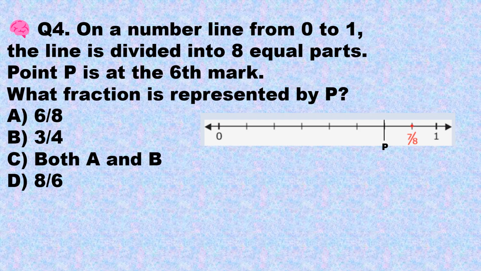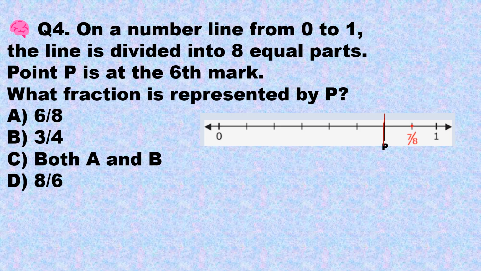On a number line from 0 to 1, the line is divided into 8 equal parts. Okay, see here the line is divided into 8 equal parts, right? Point P is at the 6th mark. What fraction is represented by P?